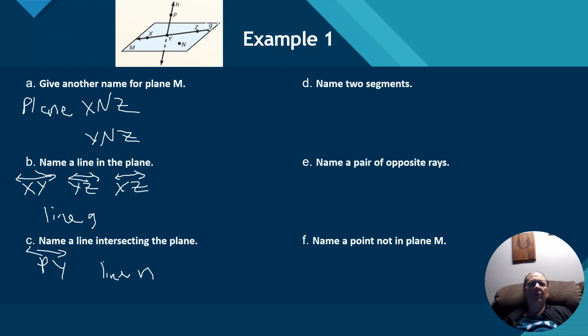So any 2 points, so basically the same pairs of letters that I've already used for everything else. So I could do XY as a segment. I could do YZ as a segment.